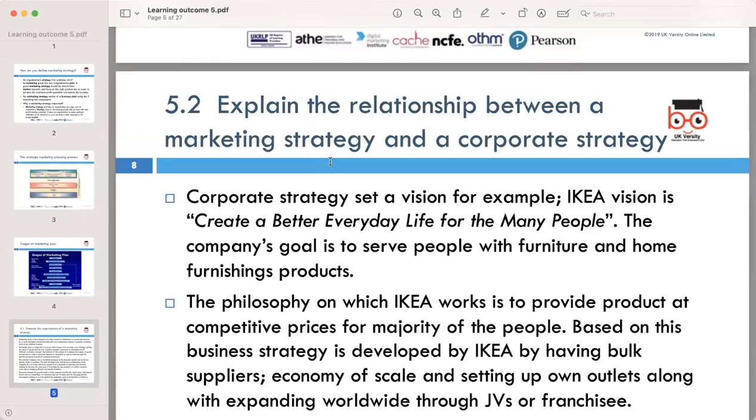IKEA's business strategy is built upon this vision, focusing on competitive pricing, bulk suppliers, economies of scale, the establishment of company-owned outlets, and global expansion through joint ventures or franchise agreements.